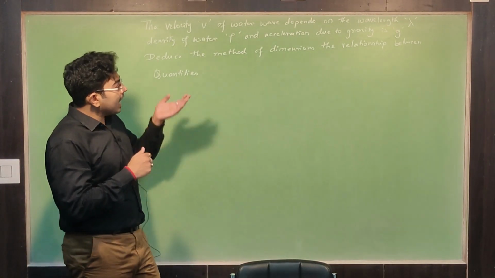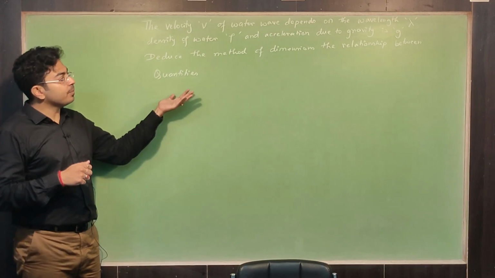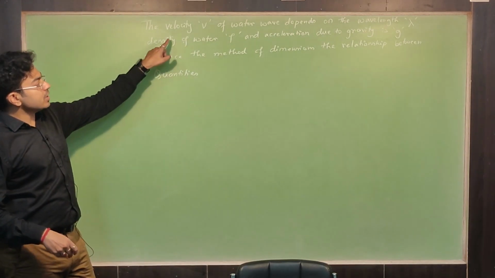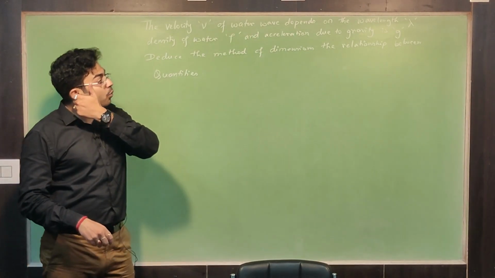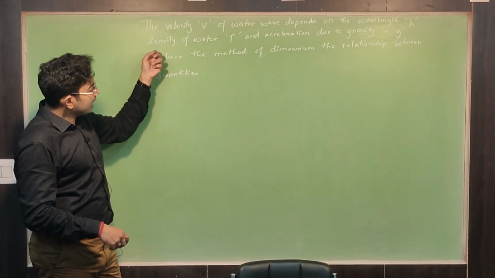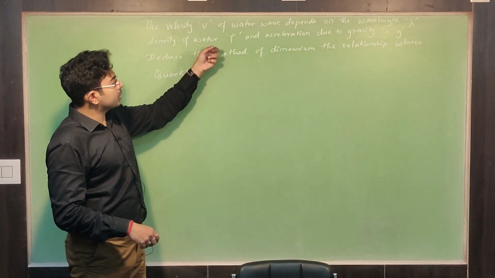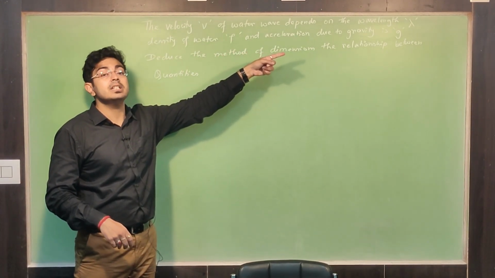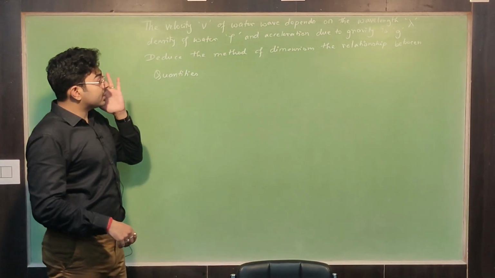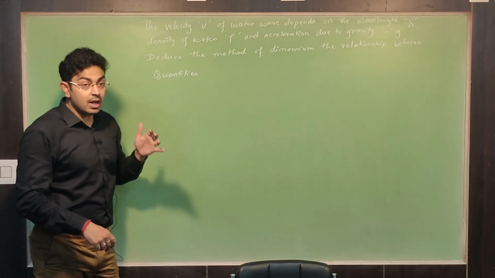For example, I have a question to explain this. The velocity v of water waves depends on the wavelength lambda, density of water, that is rho, and acceleration due to gravity, that is g. Deduce by the method of dimensions the relationship between the quantities.